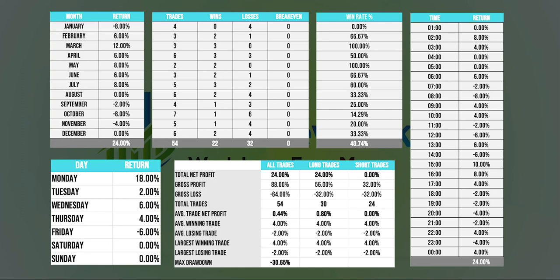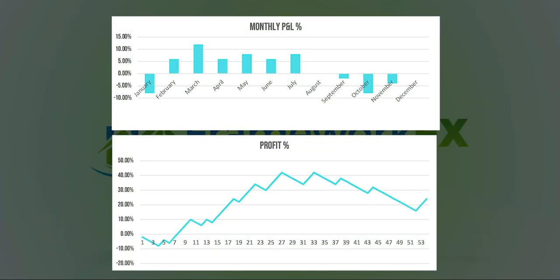So if now we move across and take a better look at the visuals, and they're telling us the same story really. February, March, April, May, June, July, all really strong months, and then September, October, November dropped off. Now taking a look at the equity curve, and you can see we went through January into a small realistic drawdown, and then we pushed off, and we peaked around 44% in the middle of the year before obviously that later pullback that we had.